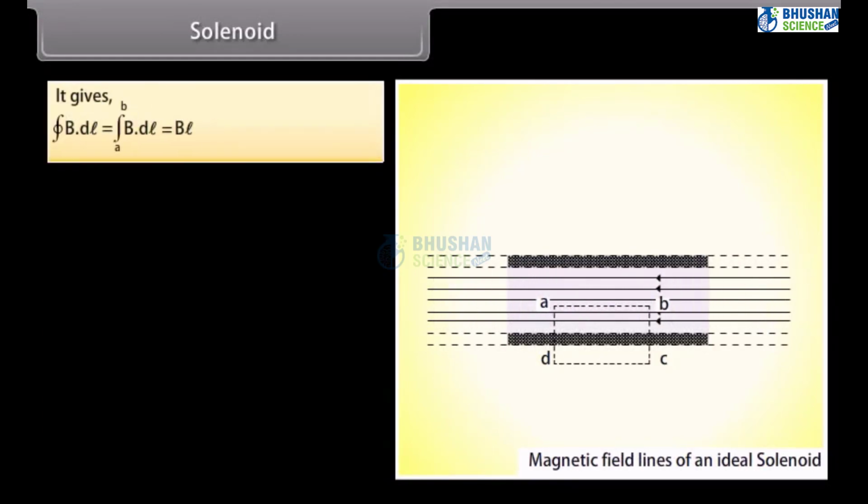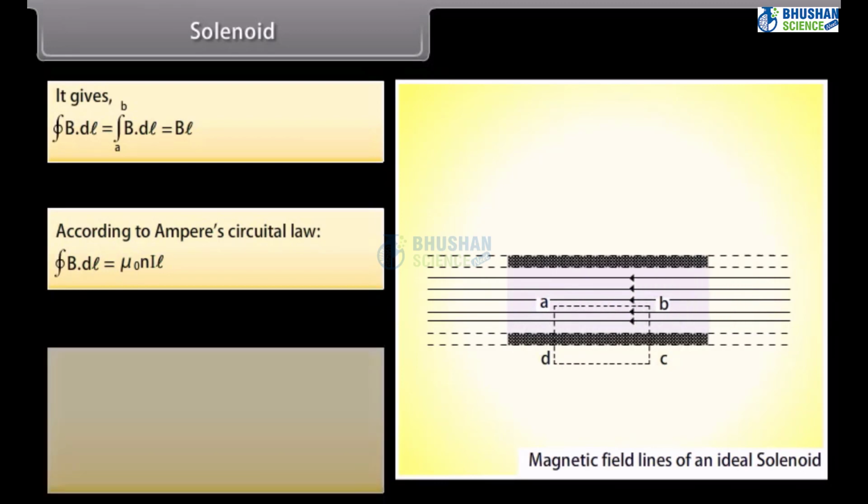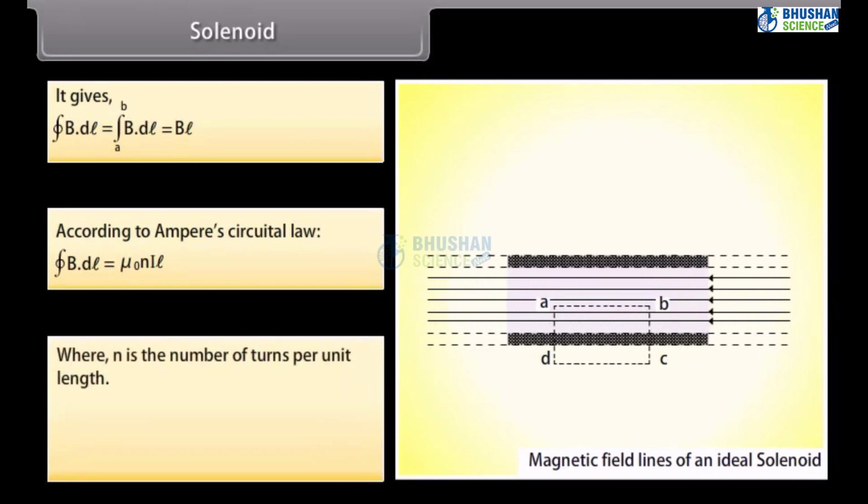It gives closed integral of B dot dl is equal to integration from A to B of B dot dl, which is equal to BL. According to Ampere Circuit Law, closed integral of B dot dl is equal to mu naught NIL, where n is the number of turns per unit length. From above two equations, we get the result B is equal to mu naught nI.